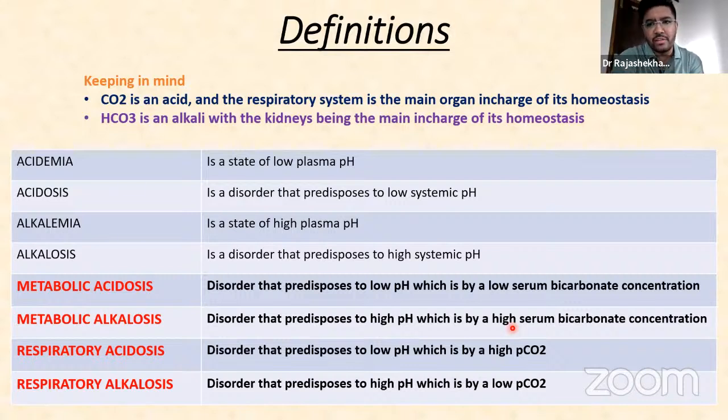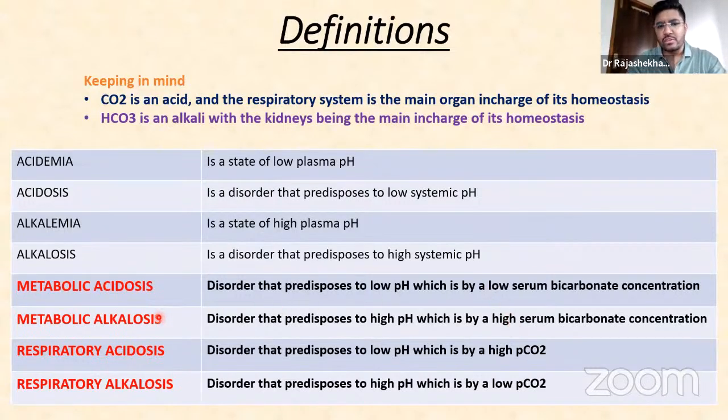So we have four basic primary acid-base disturbances. Whenever we use the term metabolic, it is concerned with the serum bicarbonate concentration. And whenever we use the term respiratory, it is primarily concerned with carbon dioxide. So metabolic acidosis is a disorder which predisposes to low pH by having a low serum bicarbonate concentration.